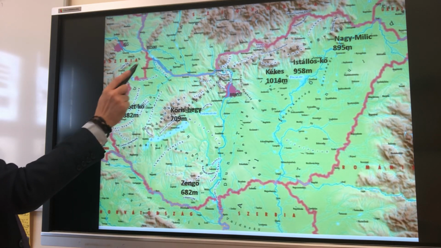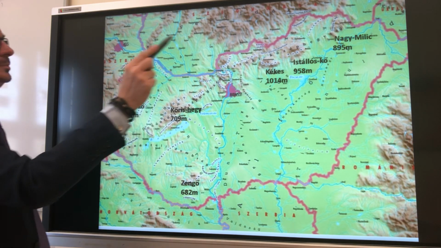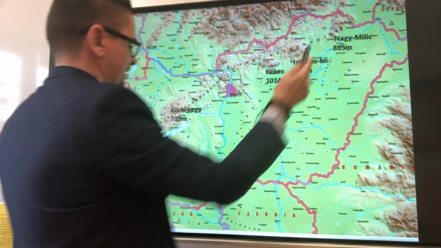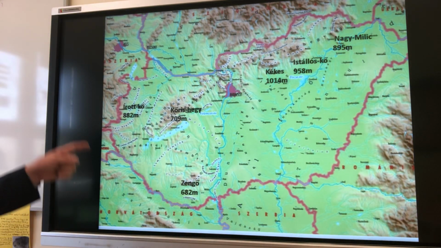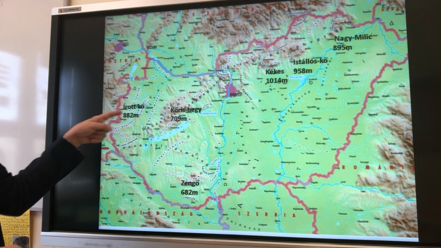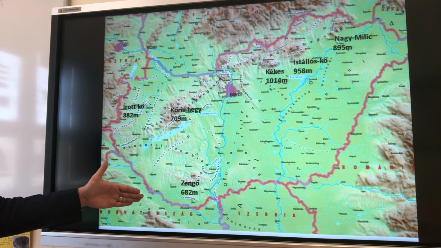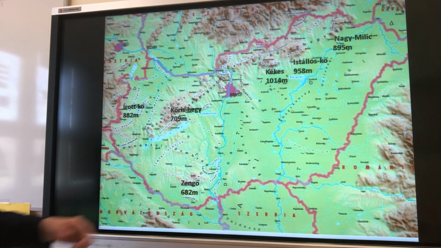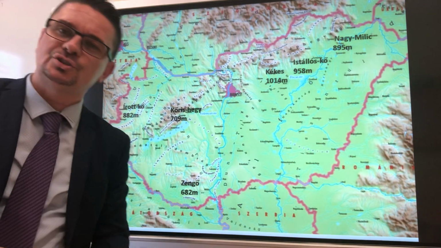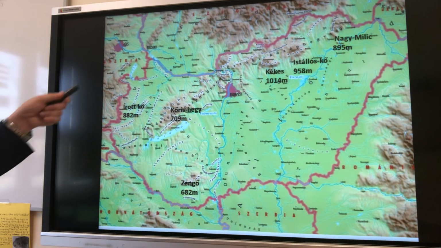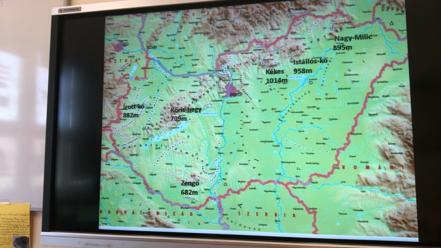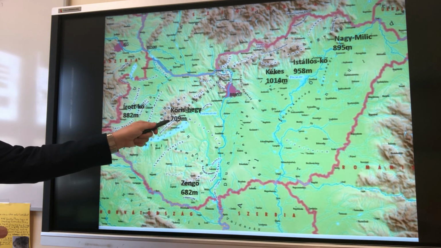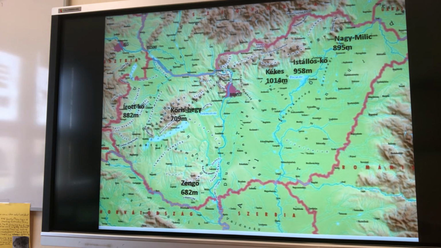Írott kő, Kőris-hegy, Kékes, Istállós-kő, Nagymilic, Zengő. And hopefully you can see how tall these places are. Like Zengő is the shortest, 682 meters. What is the second shortest? Please check the numbers here, and you can see that with 709 meters it's Kőris Mount or Kőris-hegy.